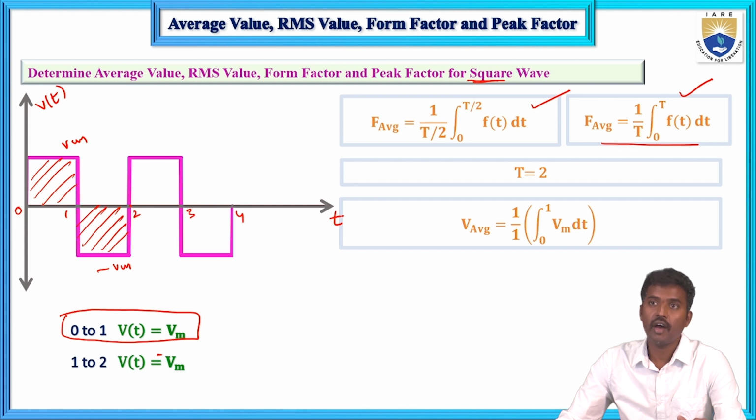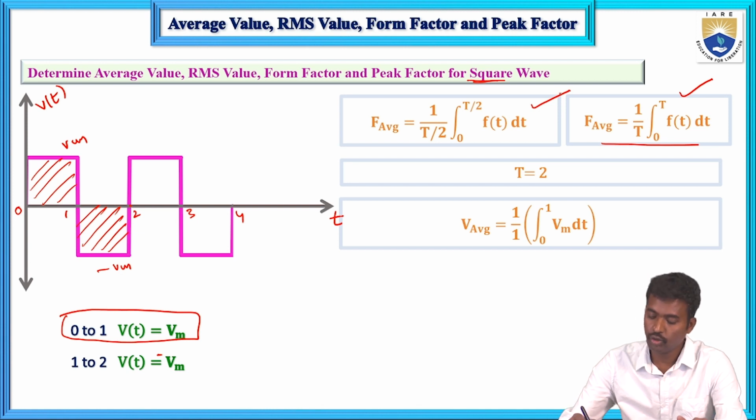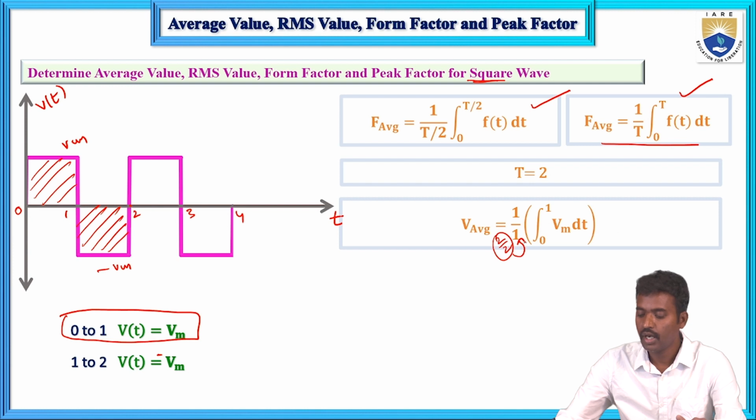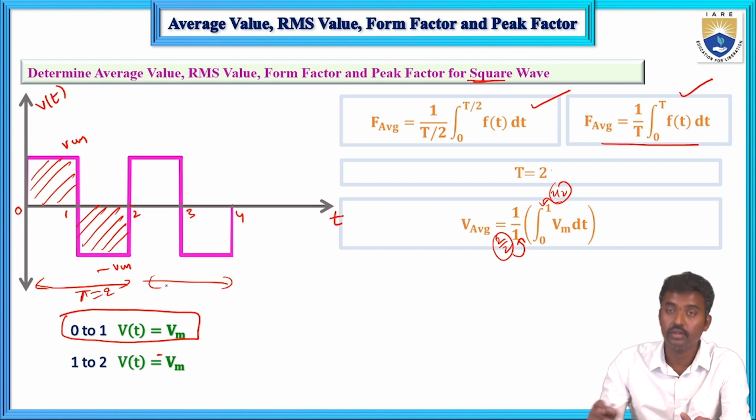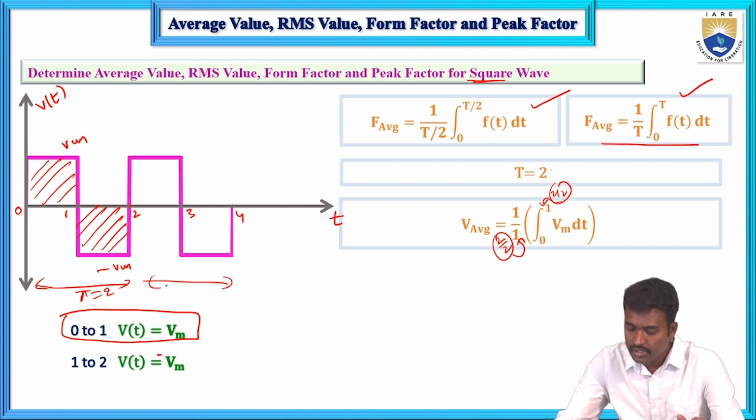We can calculate the average value in two ways: area under the curve divided by the total time period, or integrate using the formula. Here the time period is 2, so T by 2 is 1. Up to here is one complete cycle, and t equals 2 only; this is the second cycle.